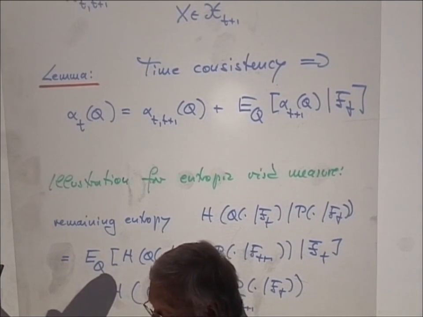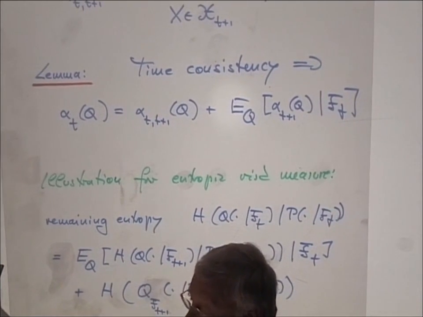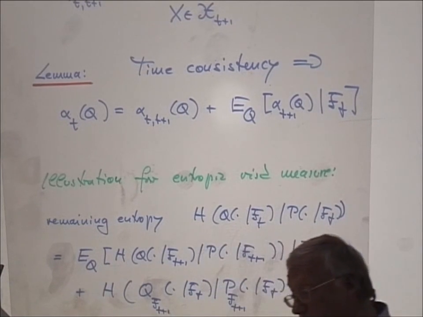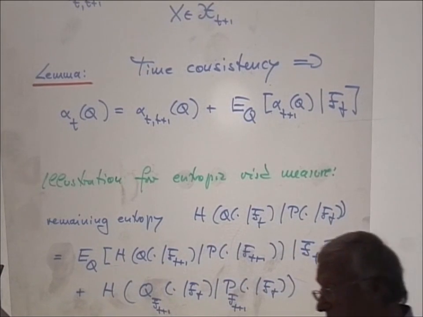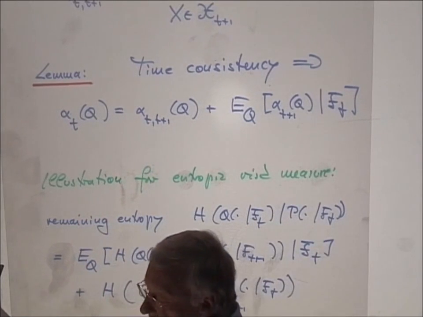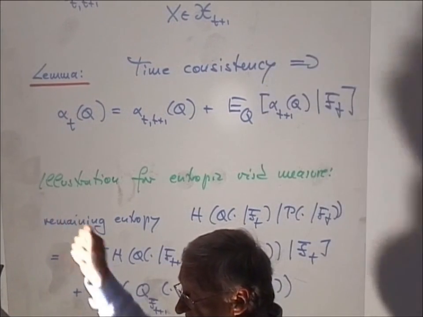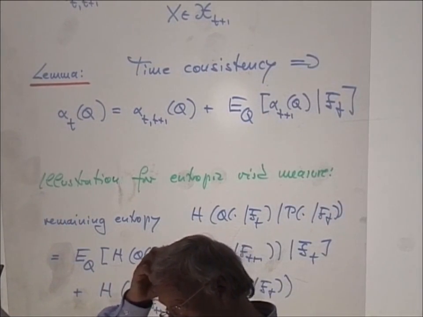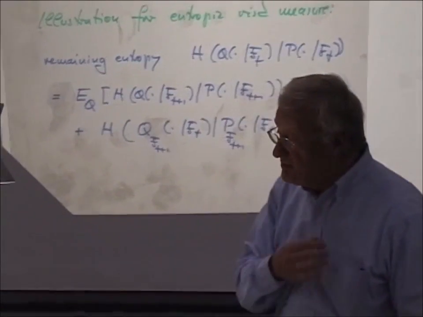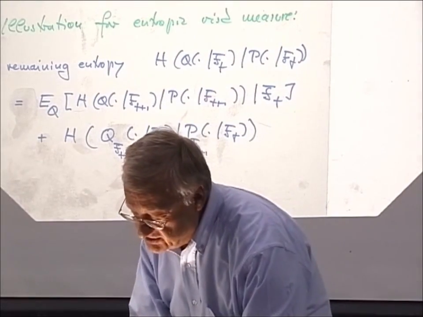It's the entropy looking just one step ahead, if you compare these measures just on the sigma algebra up to time t+1, but not over the full horizon, plus the conditional expectation of the relative entropy computed one step later. And this structure is inherited by the general penalty functions exactly under the condition of time consistency.